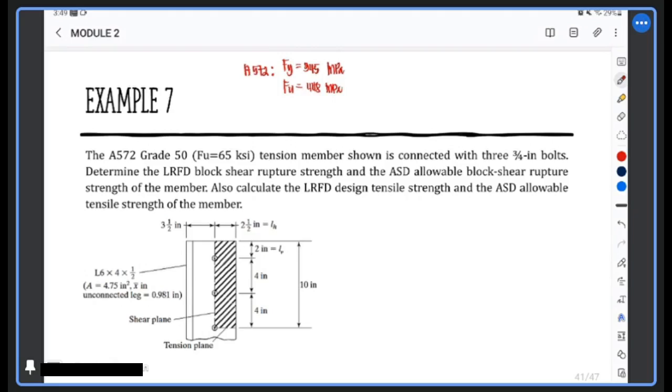Okay, so the required are the block shear rupture strength for LRFD, that would be phi Rn, and the ASD allowable block shear rupture, that is equal to Rn over omega.